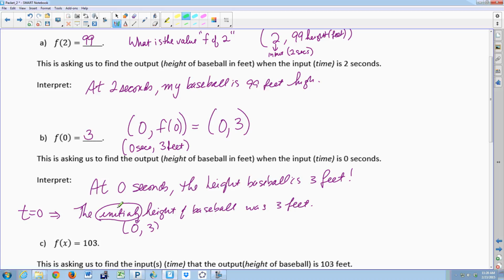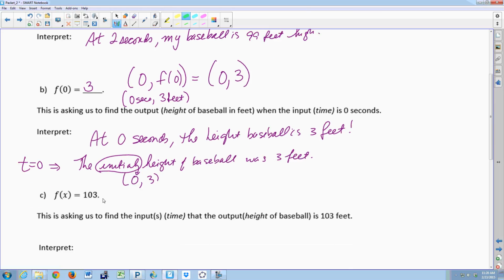It all means the same thing, whatever you feel the most comfortable with. Or as Amber says, at the start, it was, how did you say it, Amber? To start with, right. So to start with is the same thing as t equals 0 seconds is the same thing as the word initial. Okay, all of those is fine.